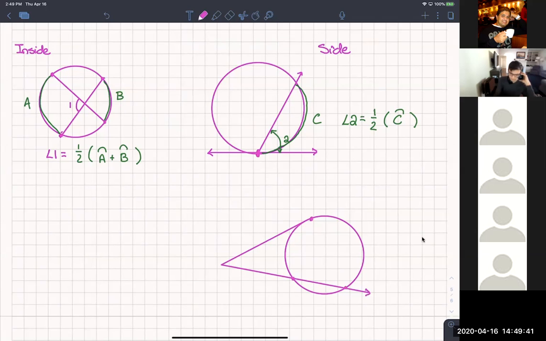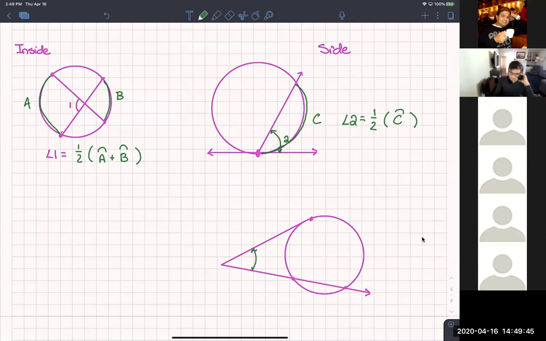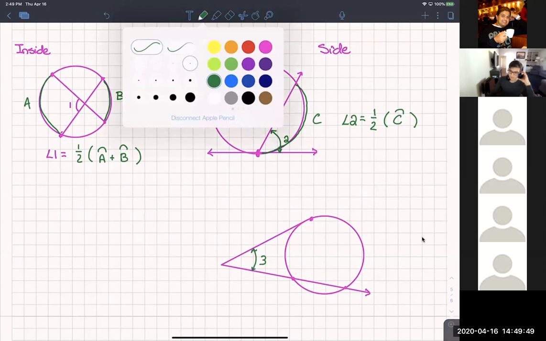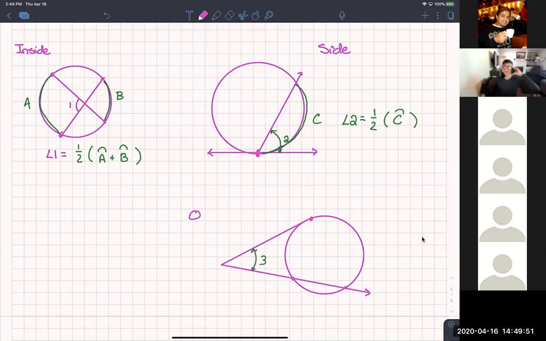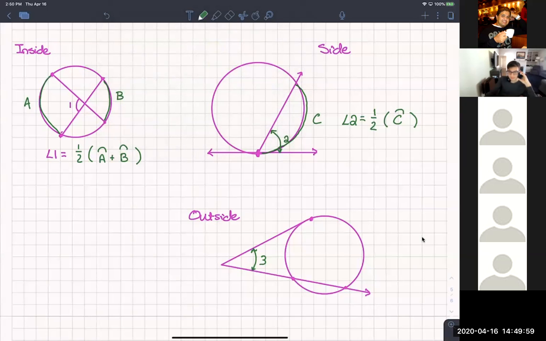So this angle right here is an angle on the outside of the circle. If you want to find that angle, the measurement of the angle is 1/2 the difference, the big arc minus the small arc.